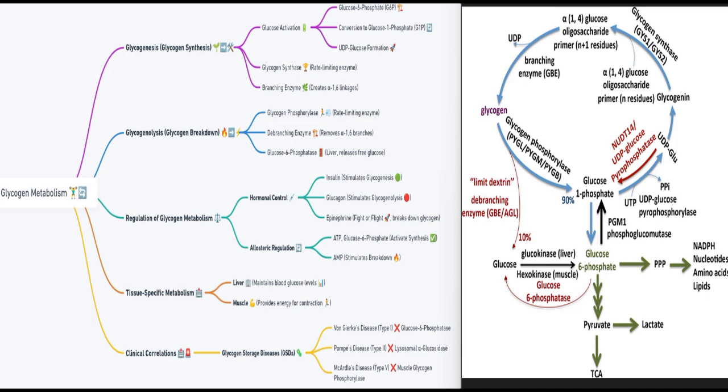So without the branching, if no other synthetic enzyme acted on the chain, the resulting structure would be linear, that is an unbranched chain of glycosyl units attached by alpha 1,4 linkages, and such a compound is found in plant tissues and it's called amylose.